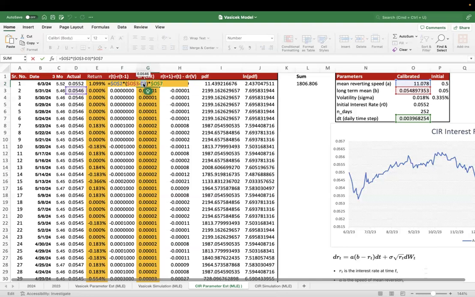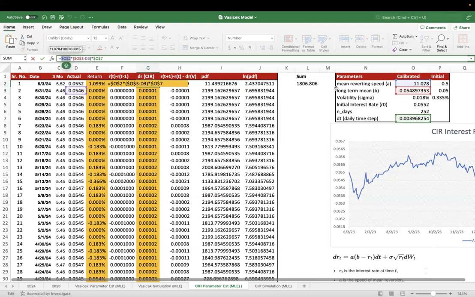If you are trying to model today's change in interest rate, we will be using yesterday's. If you are modeling yesterday's change, we'll be using the day before yesterday, and so on. So always remember this equation: a times (b minus rt).